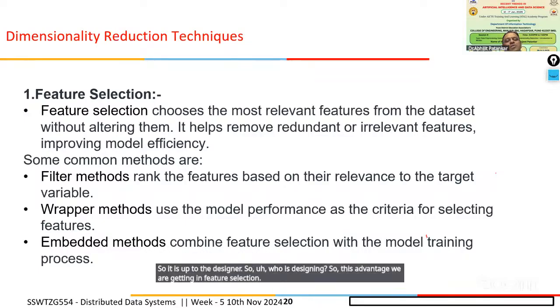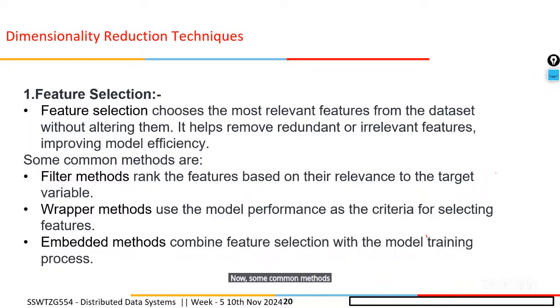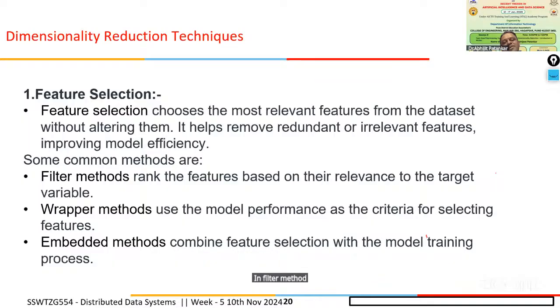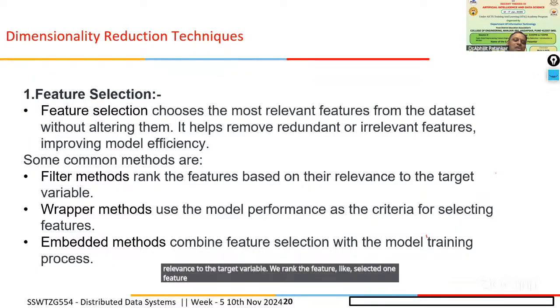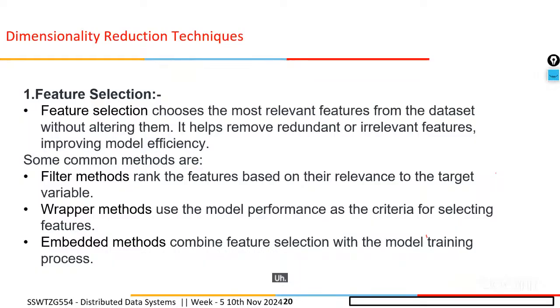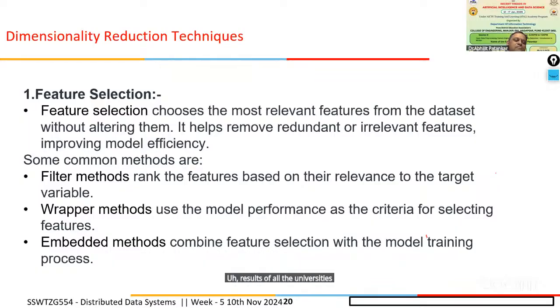Now some common methods. First, the filter method. In the filter method, we rank the features based on their relevance to the target variable. Like selecting one feature, like we are developing results of all the universities. Now, which is an important feature?